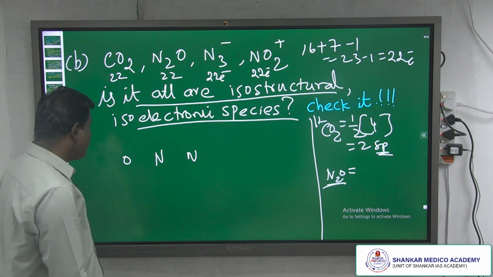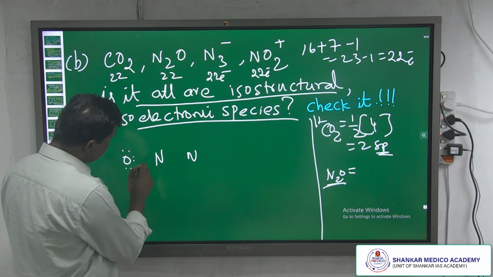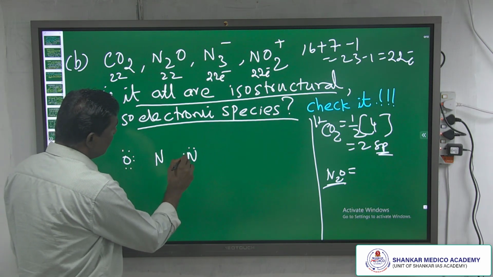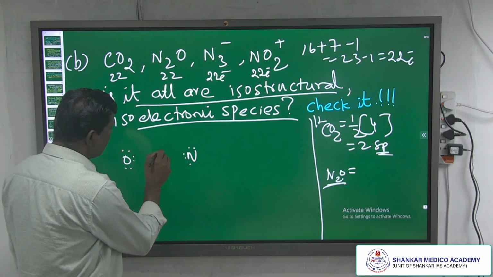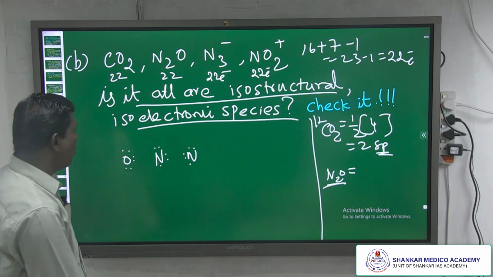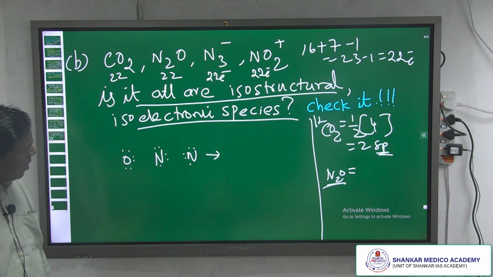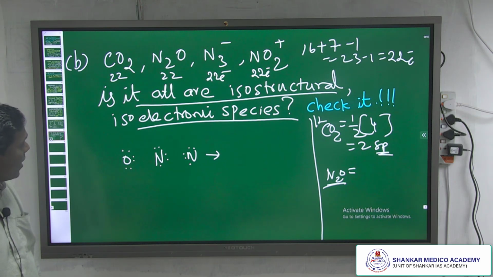Of course, we know that oxygen has outermost 6 electrons, this has 5 electrons, this also has 5 electrons. Now, I will write the structure in such a way that it obeys the octet rule.